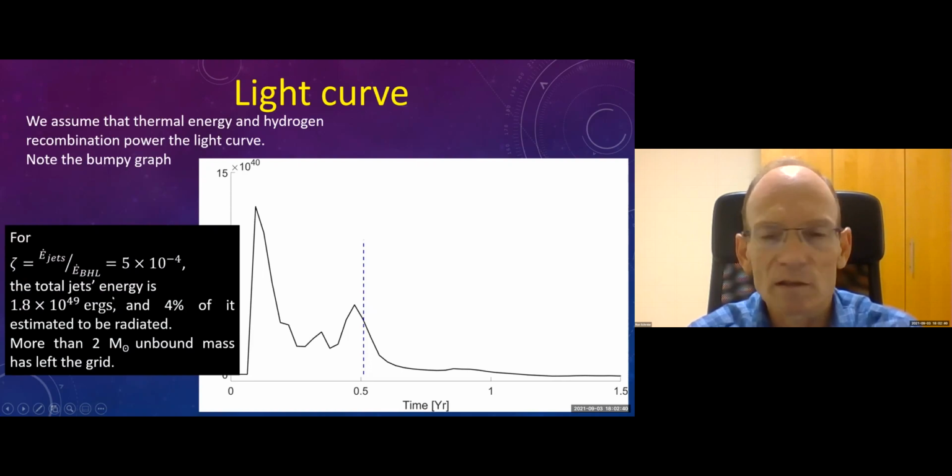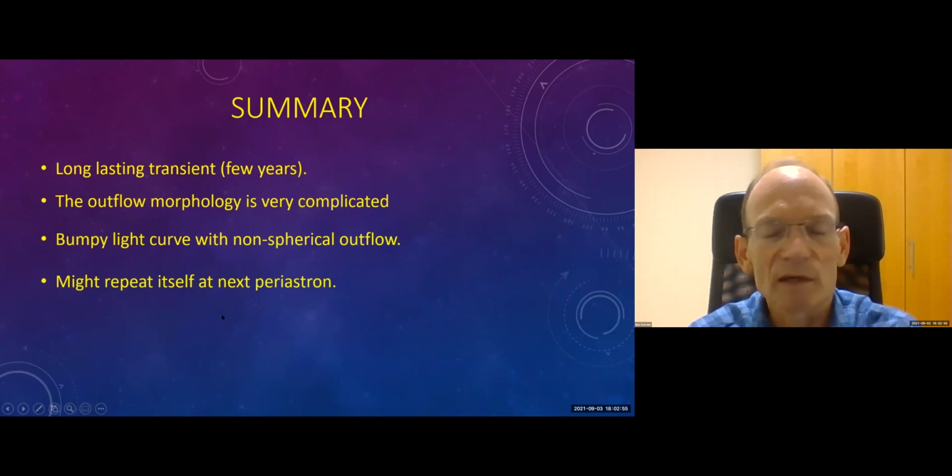Another interesting result is that more than 2 solar masses out of the 12.5 at the beginning left the grid as unbound mass. So let me summarize. We simulated a long-lasting transient, one which lasts for several months up to a few years.